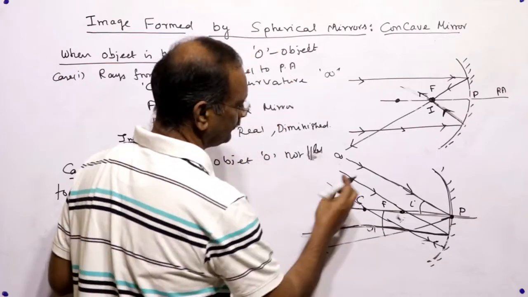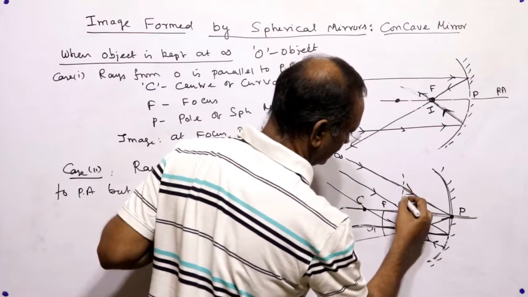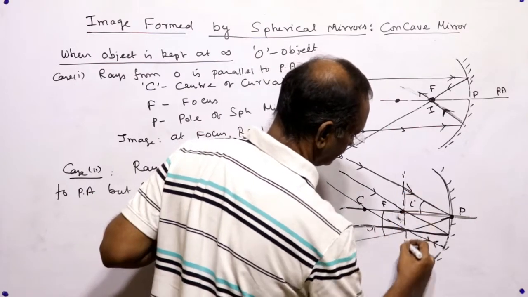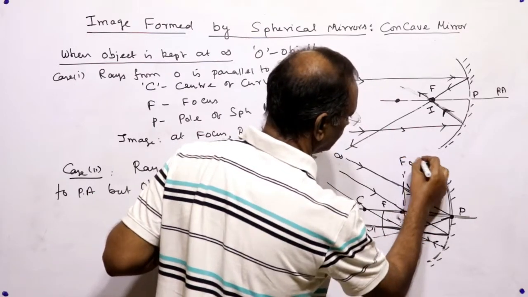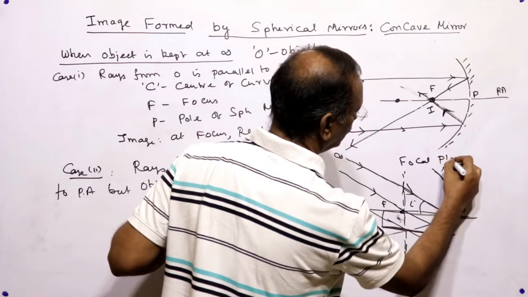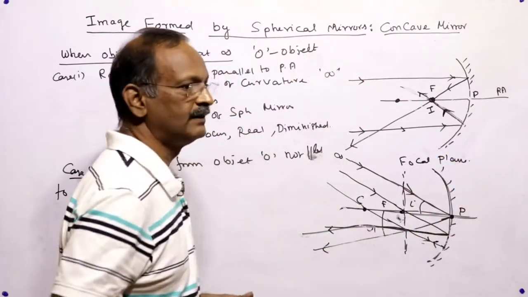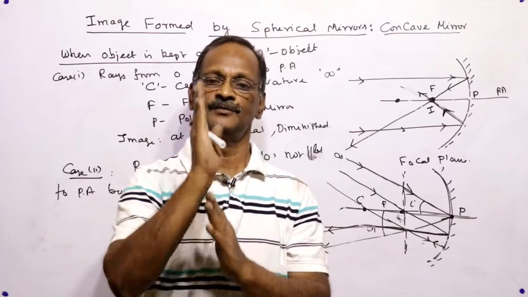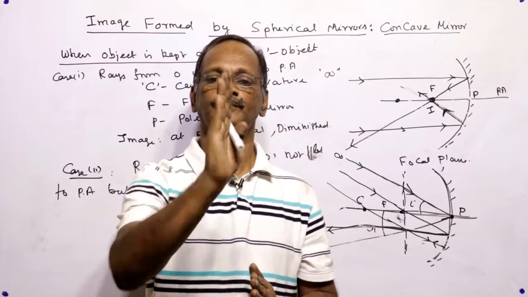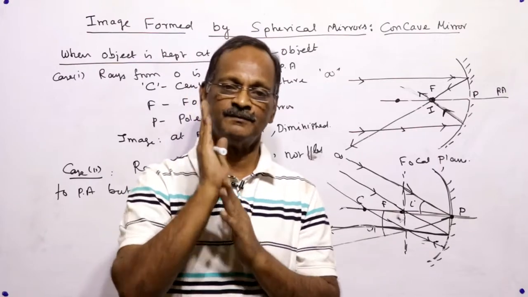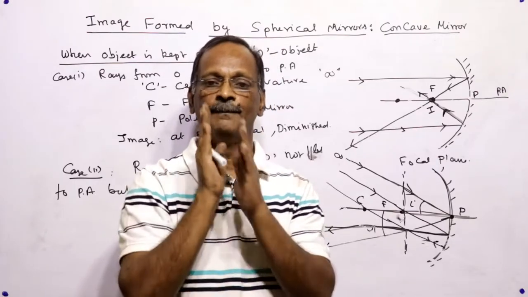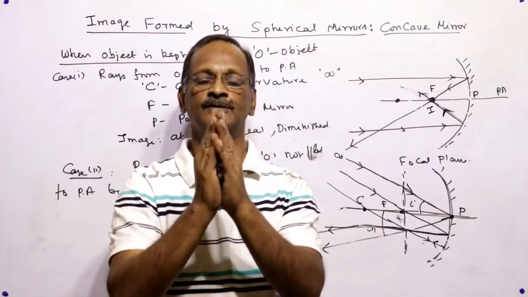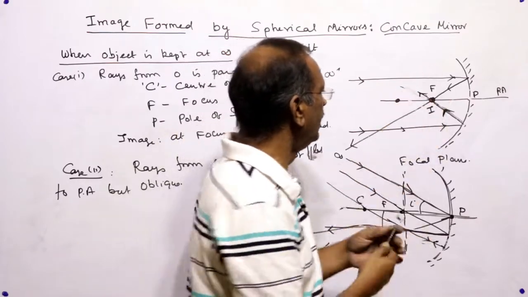This is ray 1. So here the image will be formed at the focal plane. Focal plane means what? Suppose this is the mirror and this is the focus.